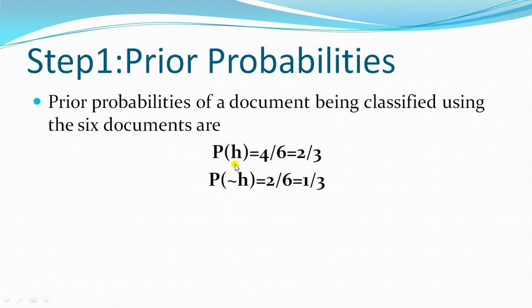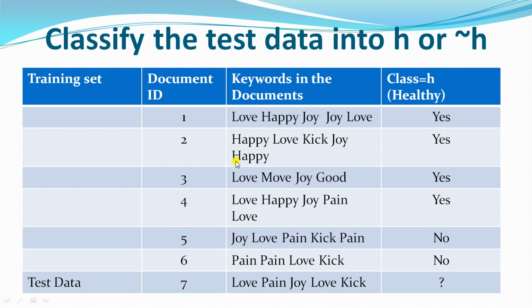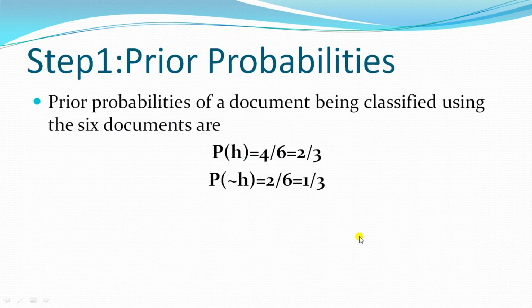Second is P of negated H. Going back to the problem statement, we have document 5 and document 6, and both lie under class no. So out of 6, 2 belong to the no class, that is negated H. P of negated H is equal to 2 by 6, that is 1 by 3.